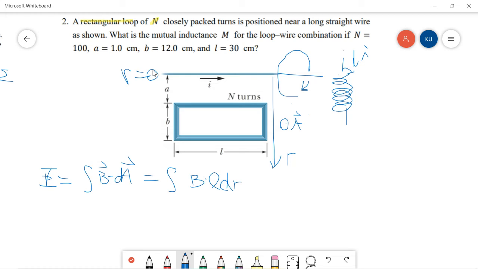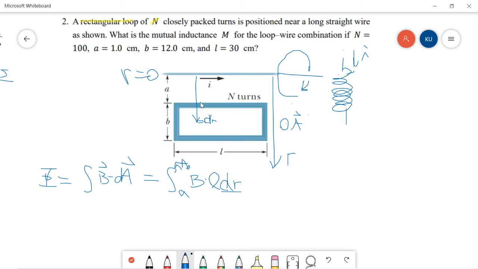So this is r equals to 0, this is r, and dr will be something like this. So actually we need to sum over r up to a plus b, because we take r equals to 0 here, so we need to consider the area for this part.